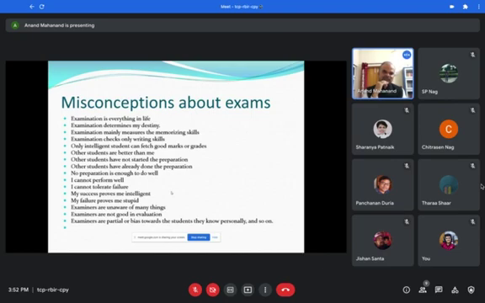My failure proves me stupid, that is done. Examiners are unaware of many things. Oh, I wrote well, but the examiners didn't understand. Your duty is to make them understand, make things clear. So don't presume that examiners don't know the things you are trying to convey, or they are not aware of certain things you know.